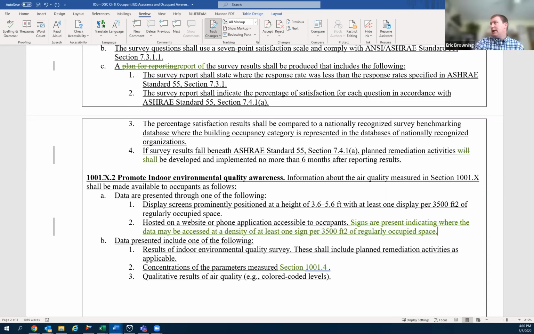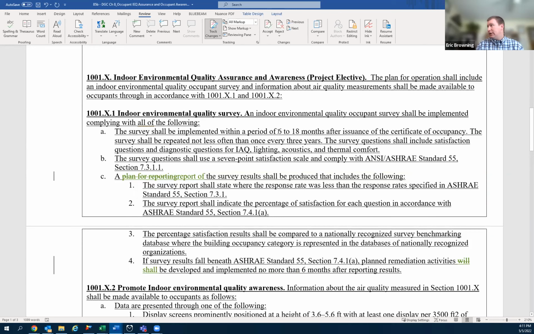Daniel, if you'll allow it, I would also like to further modify the existing modification to change 1001.x.1 item A to remove the language that says their certificate of occupancy, and to replace that with 6 to 18 months after 80% of total building occupancy.